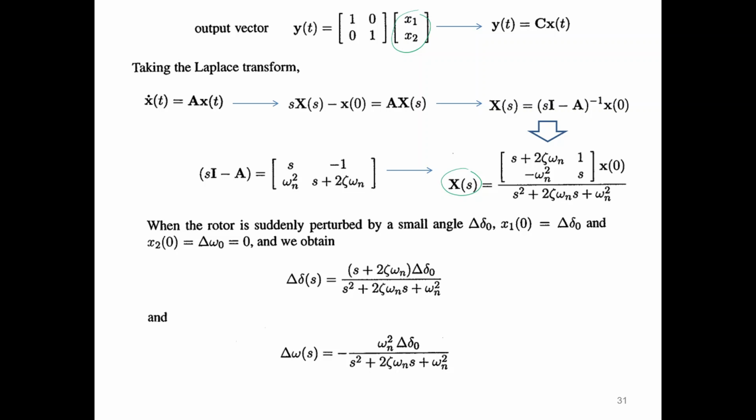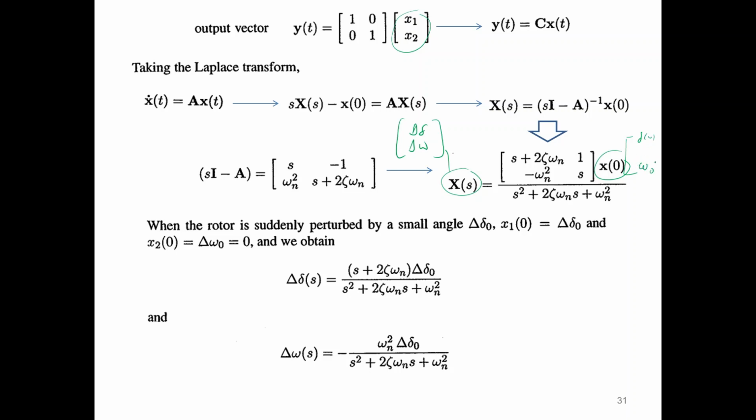You get X(s), which is the state variable in the S domain, and you remember X(s) has delta and delta omega in a matrix form. In this case, x0 has delta 0 and omega 0.